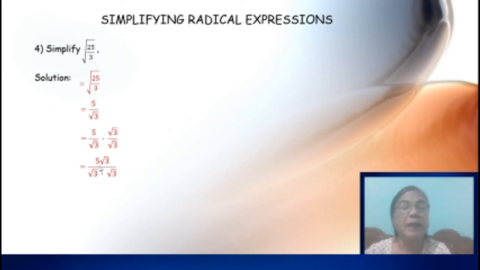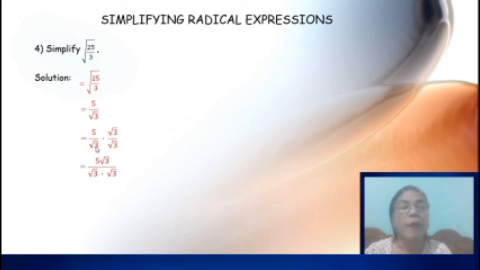We simply rewrite 5 and then square root of 3. Remember, we could not multiply 5 times 3 here, since 5 is a whole number and square root of 3 is a radical number. So we simply rewrite them side by side. That means 5 square root of 3.